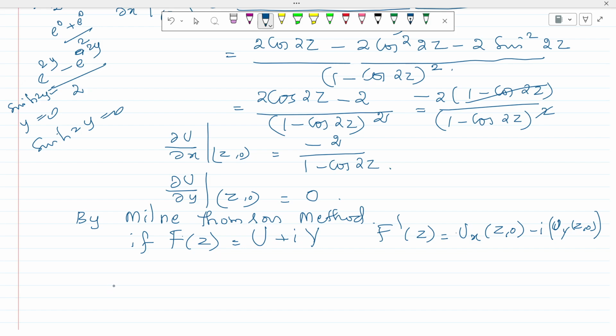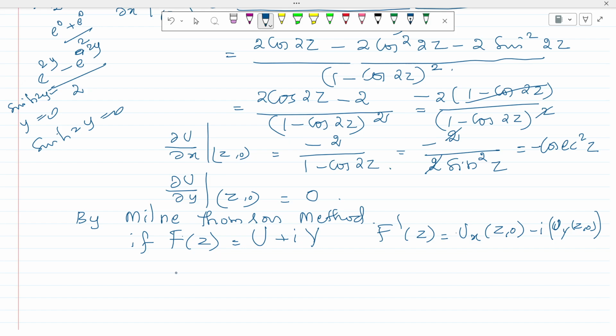Okay, so therefore you can write this as 1 minus cos 2z. 1 minus cos 2z can be written as minus 2 divided by 2 sin square z. The 2 gets cancelled, minus cosecant square z.